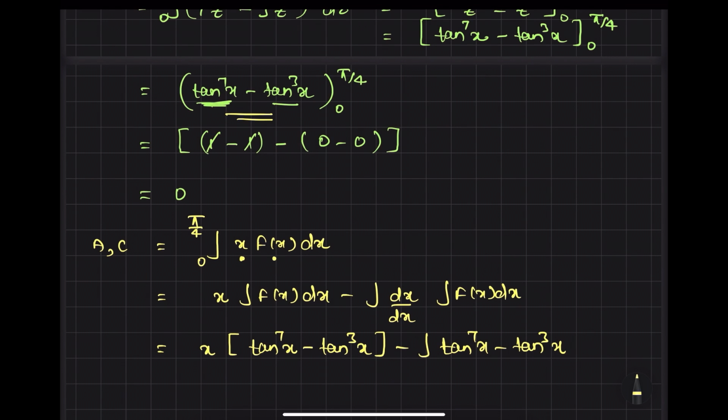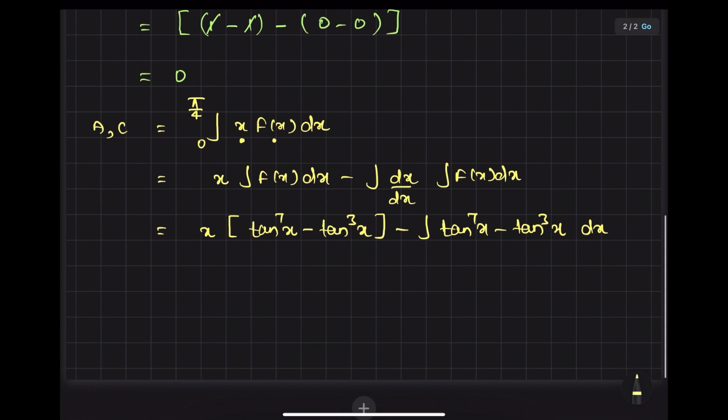Okay, I hope till this part you are okay. The main task is to integrate this function, because the first function is already integrated. Correct? So you also know that if we are handling trigonometric functions, we rely on the tan function, and we take z as the tan function only.